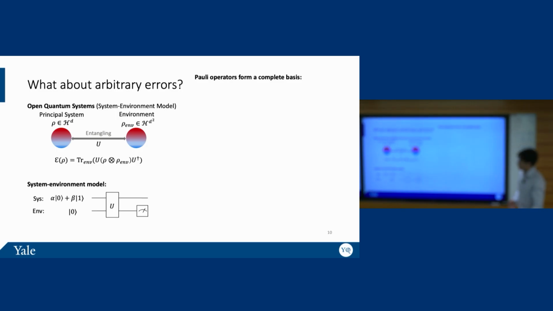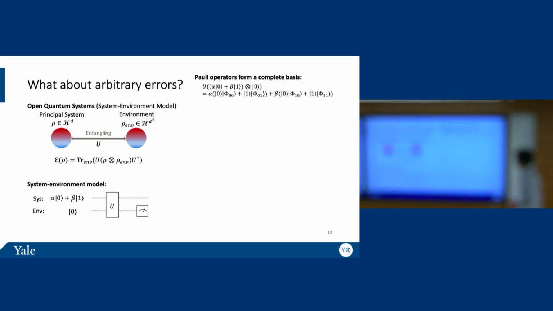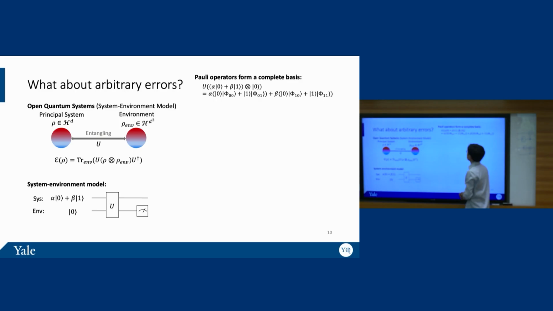Okay, so to see how this generic process could be modeled as a combination of Pauli errors, we can use this simple example for illustration that there's a process U, some kind of unknown unitary operation between the system and environment that acts on my qubits.